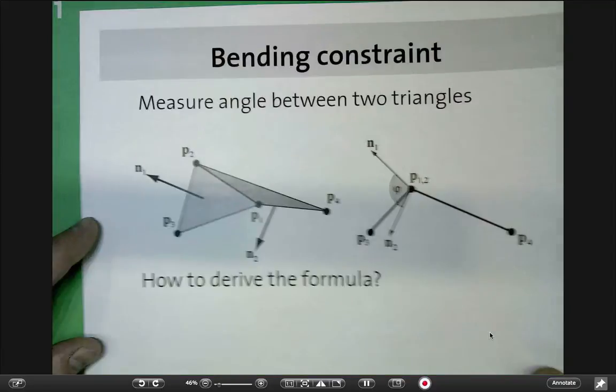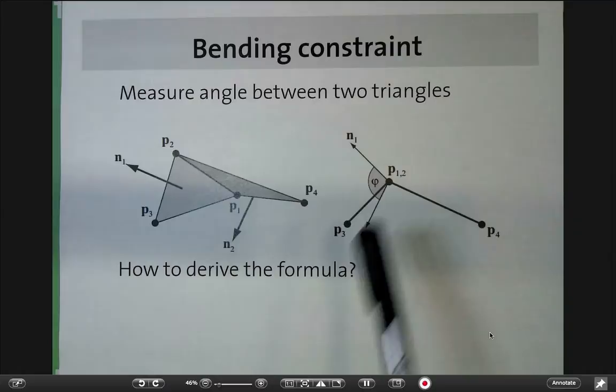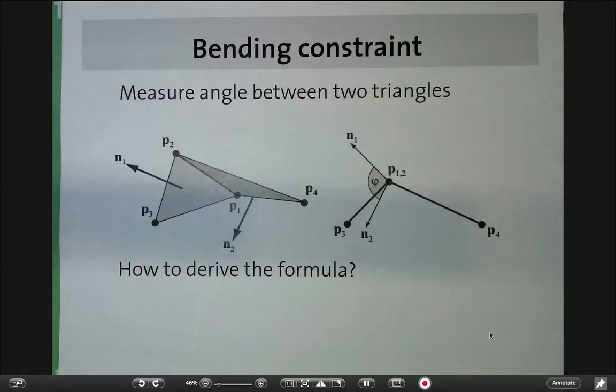So what we can do in PBD is a bending constraint, which looks like this. The constraints can be really arbitrary functions, nonlinear, whatever you come up with. It should be translation and rotation invariant, so we are not modifying the linear and angular momenta, but that will be the case here.